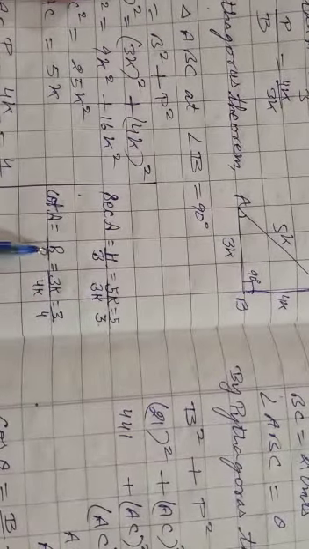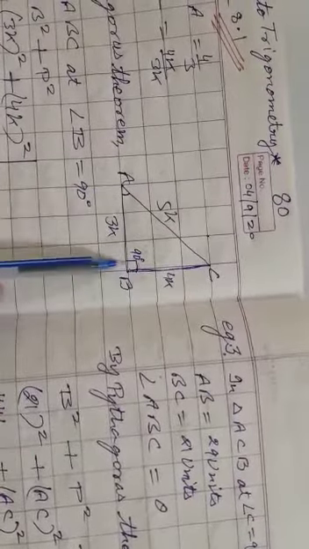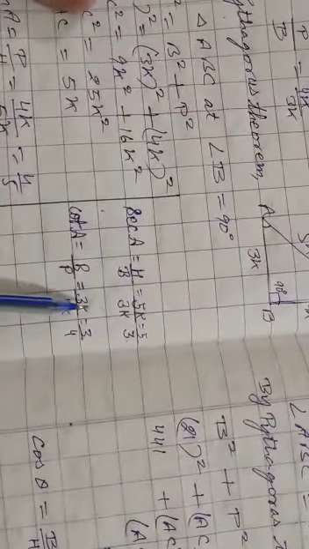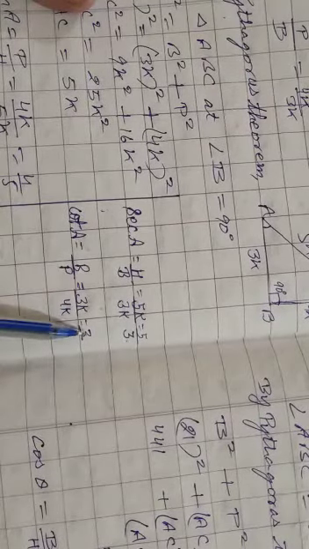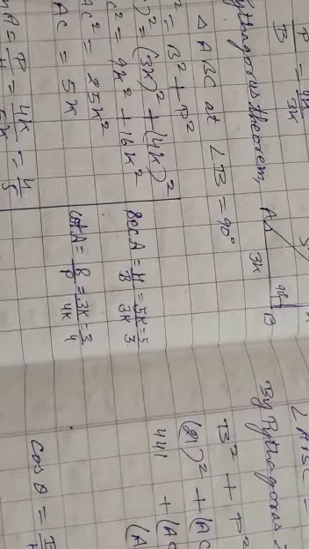Cot A equal to base upon perpendicular, 3k upon 4k, k cancel out, we get 3 upon 4. Hence, these are required values.